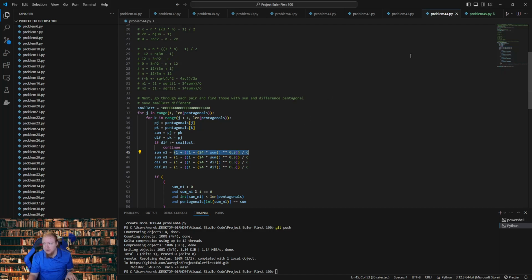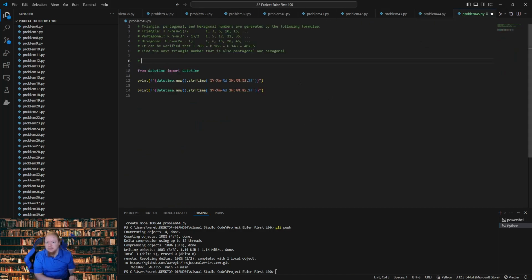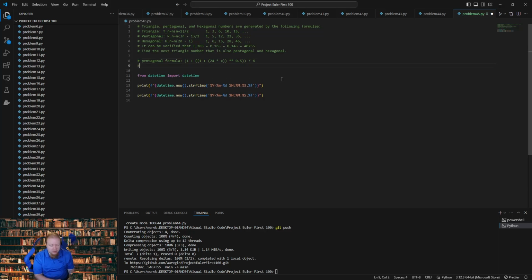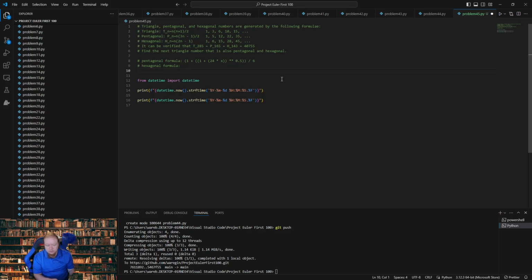We just need this times x. And then we need to make the hexagonal formula in the same way. So it'll be x equals, whoops, that's not what I want. I was copying the wrong one.